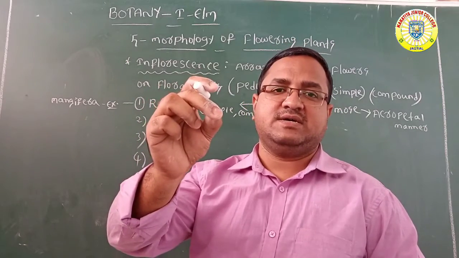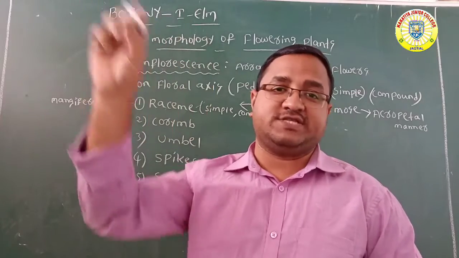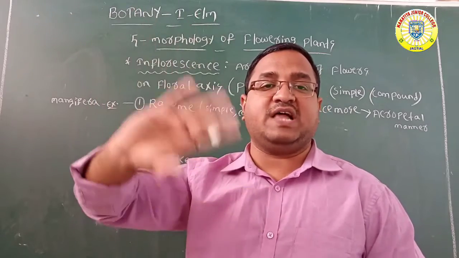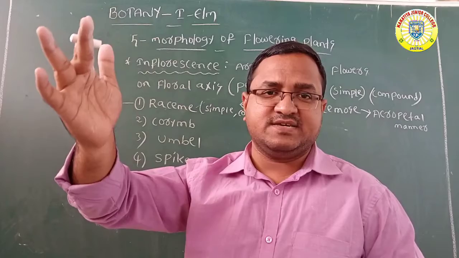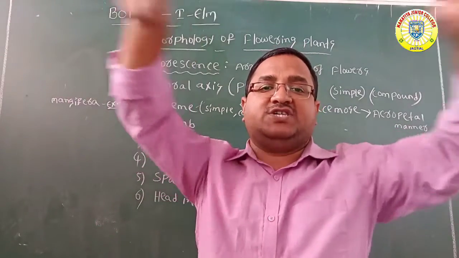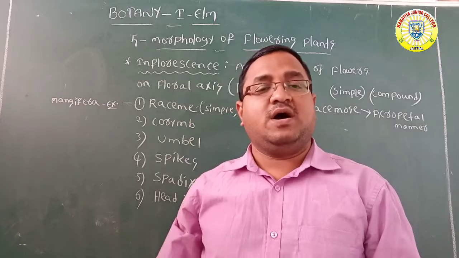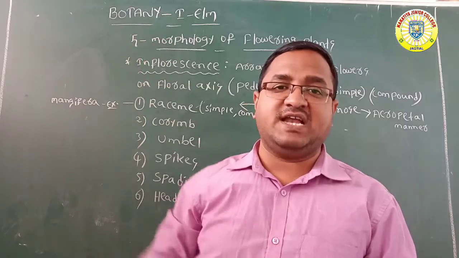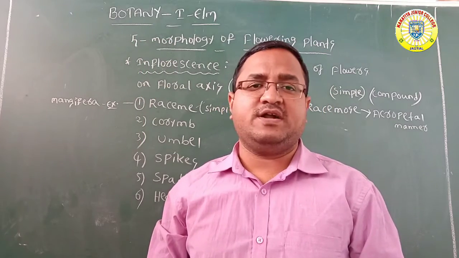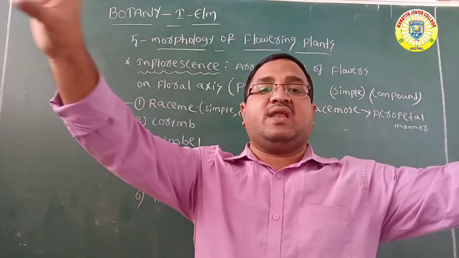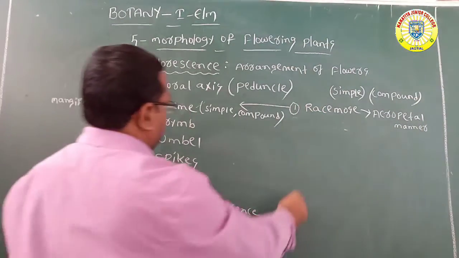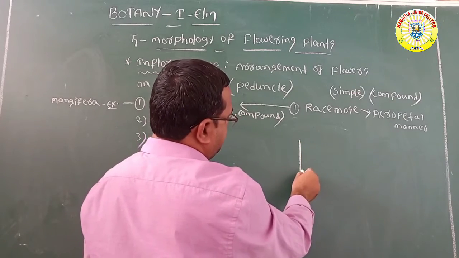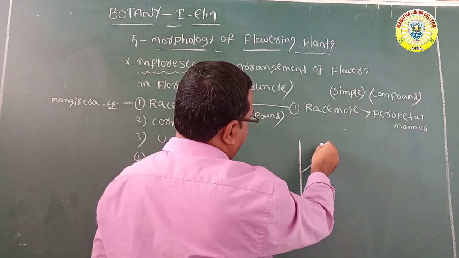Each pedicel is arranged from a different node, but because of the varied length of the pedicels, all flowers appear at equal height. Here you can see, this is the floral axis, this is the pedicel, the flower. This is the pedicel.